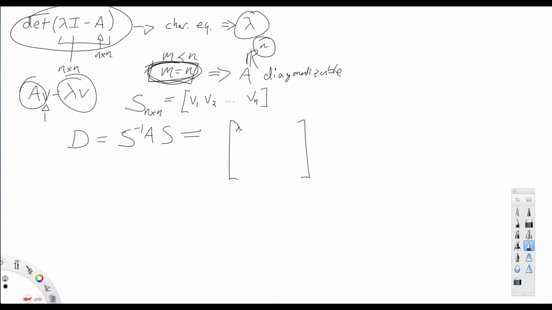Those values on the diagonal are the eigenvalues: lambda 1, lambda 2, all the way up to lambda n, and all of the off-diagonal terms are 0.